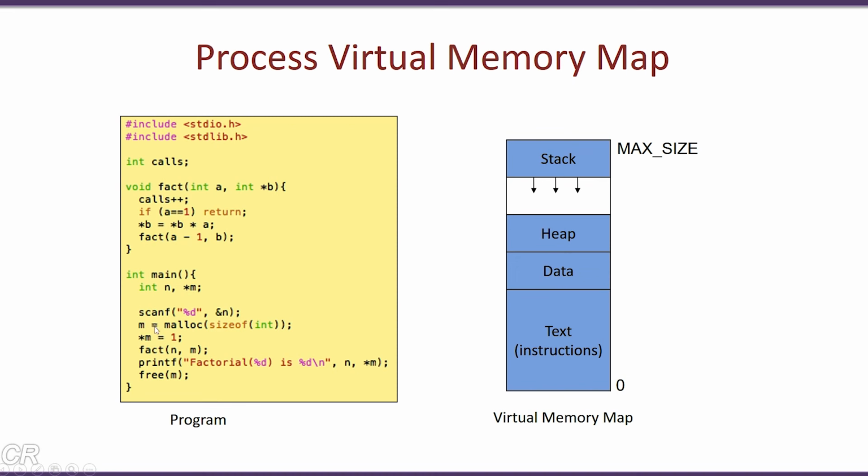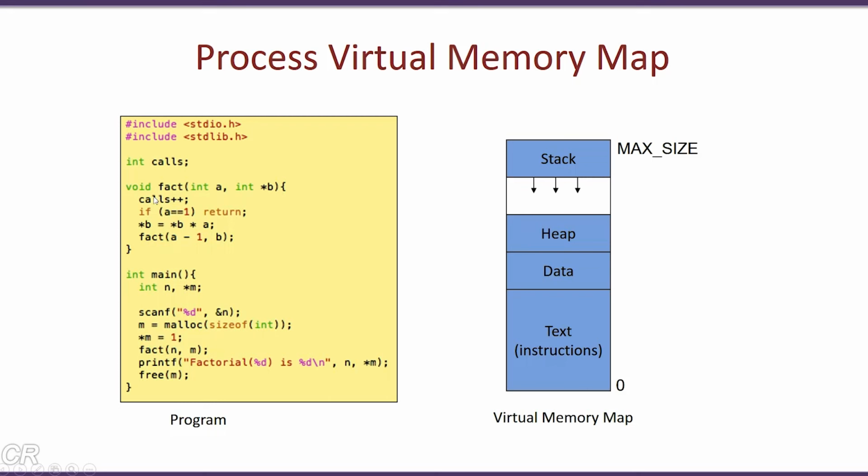Now we've taken here a small program. This program computes the factorial of an integer n by the function fact, which is essentially a recursive function. When this program is compiled, an ELF executable gets created, and when this program gets run, the virtual address space for this program gets created by the operating system.